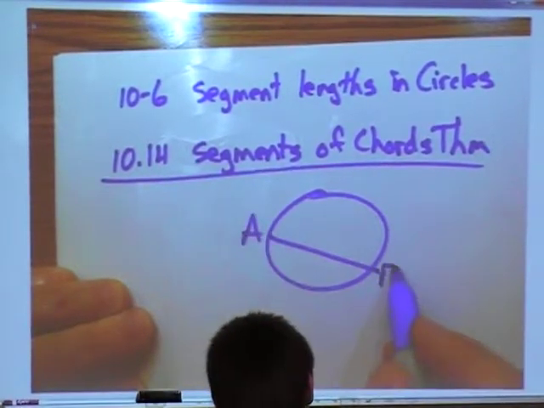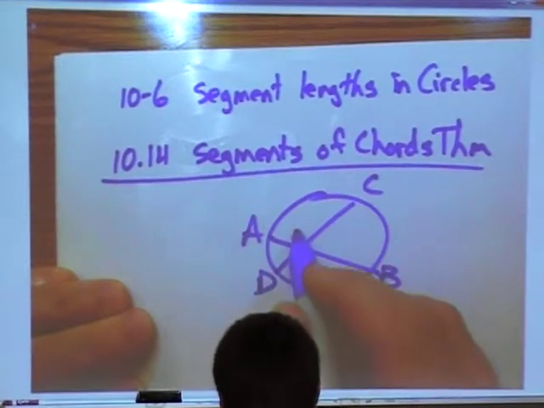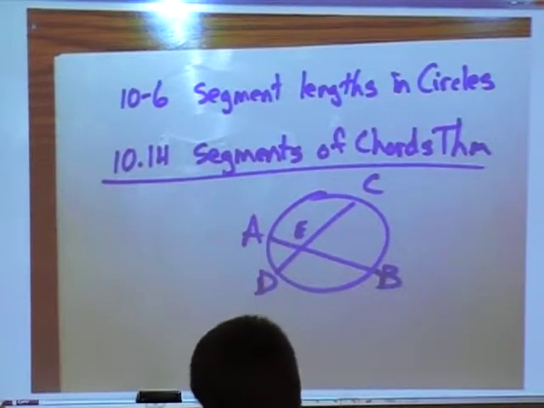This is A, this is B, and I'm going to do this a little bit extreme here. So there's the picture. Here's the theorem. If two chords intersect in the interior of a circle, then the product, what's the product mean? Multiplication. Then the multiplication of the lengths of the segments of one chord is equal to the product of the lengths of the other chord.